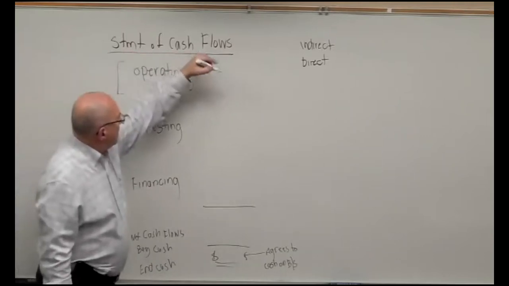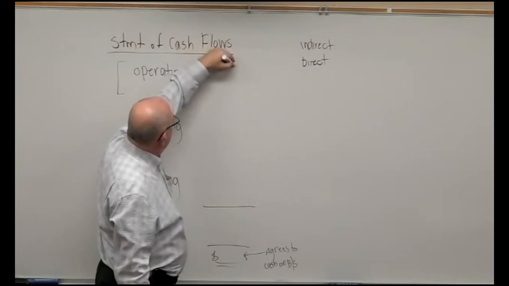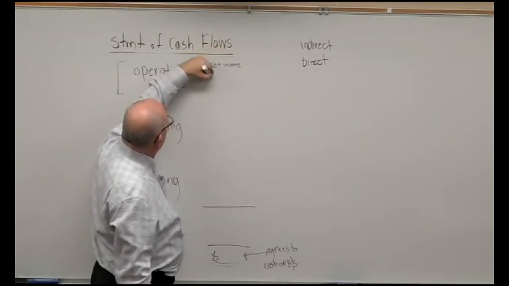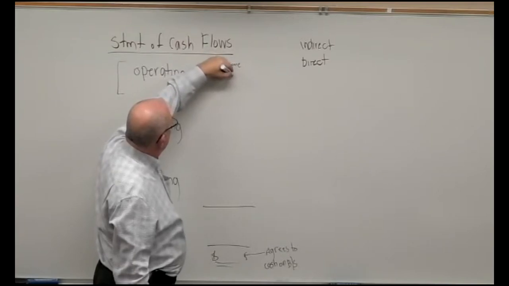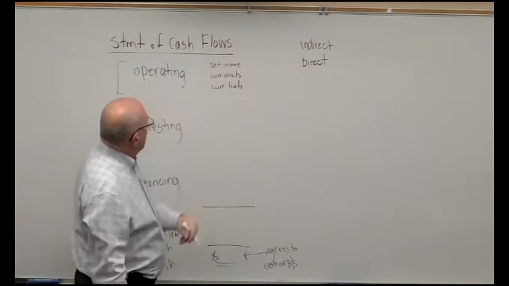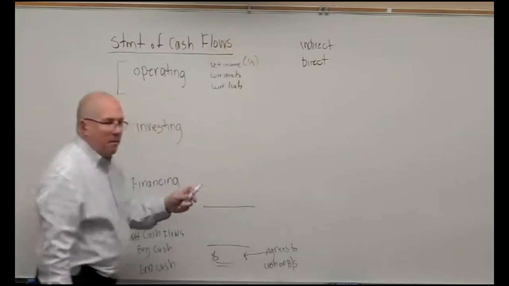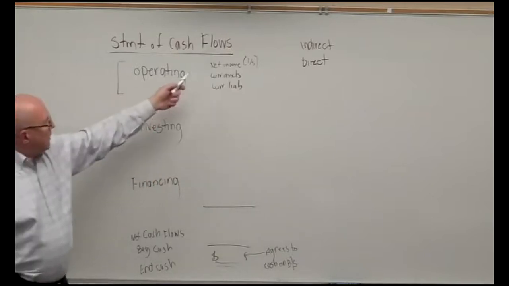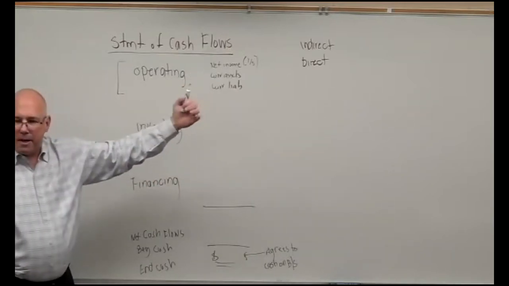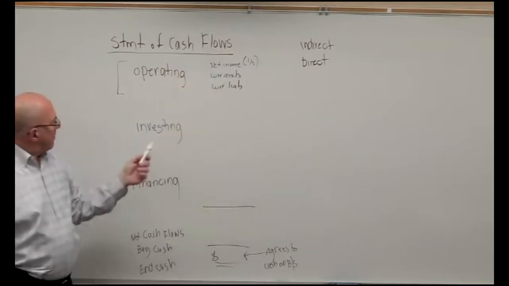Generally, the operating section includes net income, net income being from the income statement, which really takes into account the whole of the income statement, current assets, and current liabilities.